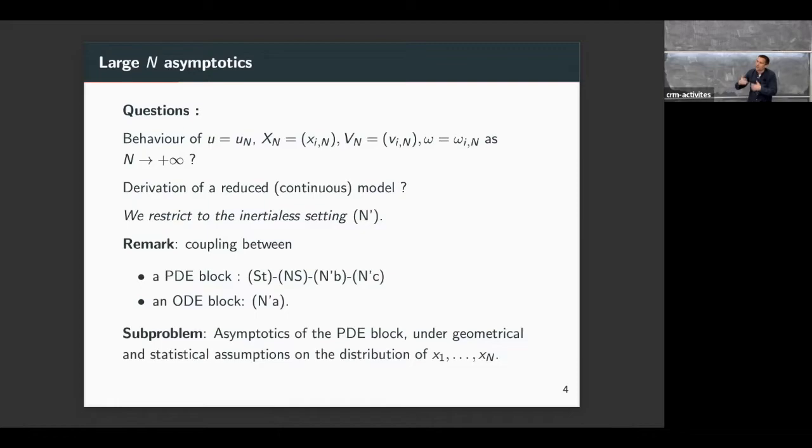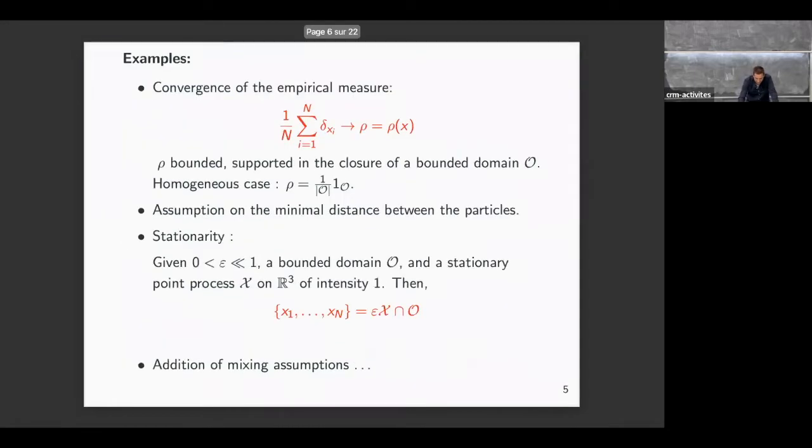And then you say that at this given time, these particles satisfy some good properties. They can be geometrical, they can be statistical. I will give you a few examples.